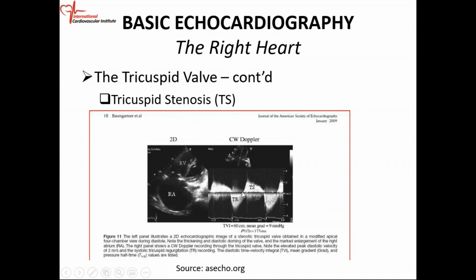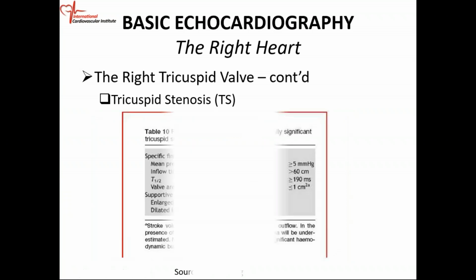Once you do planimetry, you can get the gradient, which is 9, so this is very large, and you can even calculate the area. It's not customary to do a tricuspid area. The gradient is sufficient for tricuspid stenosis.